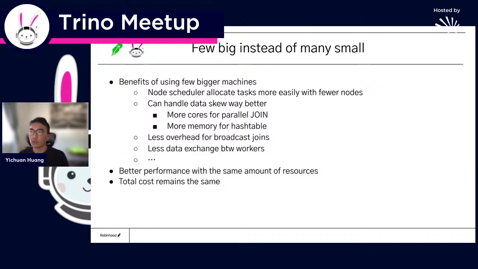It allocates tasks more easily with fewer nodes because it has less metadata to compute, like which node to send the task to, so it can make decisions faster. And also, bigger machines mean we can handle data skew way better.